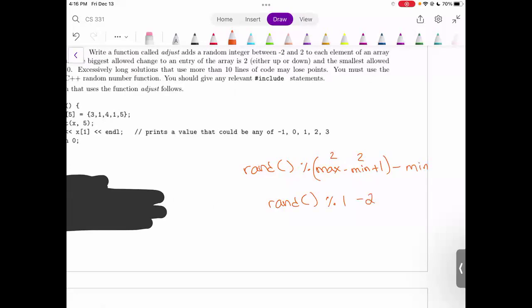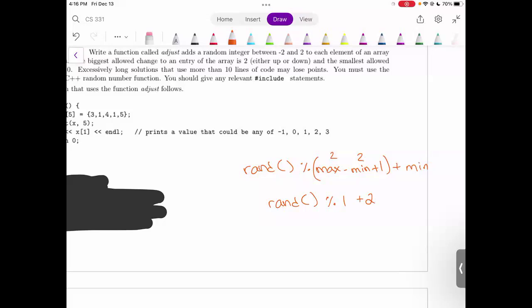Wait, no, max minus min plus 1 plus the minimum, I think, should it be? Is that correct?